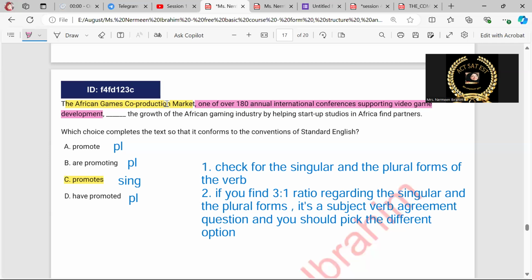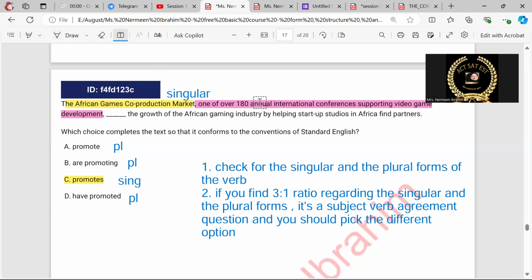It is set off between two commas, between the main subject, which is the African Games Co-production Market, which is a singular subject. Do you know that this one is a singular subject? Since it's a title, and as you can see, all the words are capitalized, so it's always singular. Immediately after you read the subject, you search for its verb.